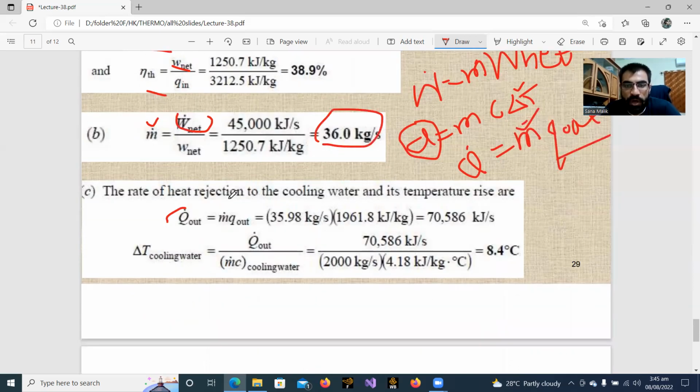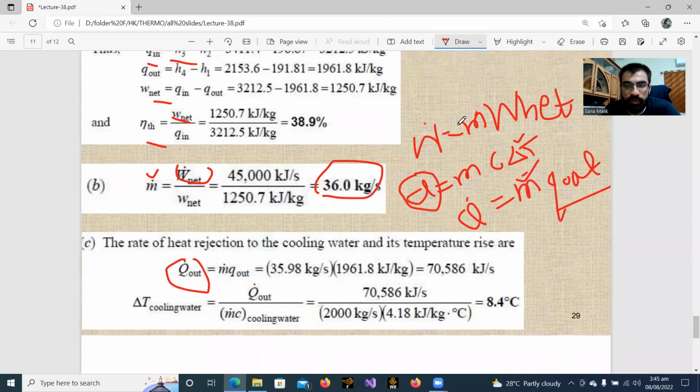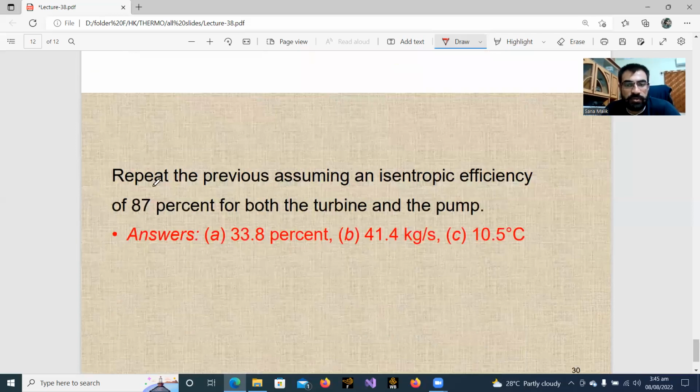So we will find Q dot out. Then we use the formula Q equals m c delta T to find the temperature increase. The mass flow rate of water we know is 2000 kg per second, and c is a constant, the specific heat, 4.18 kilojoule per kg degree centigrade or Kelvin. So this was it.